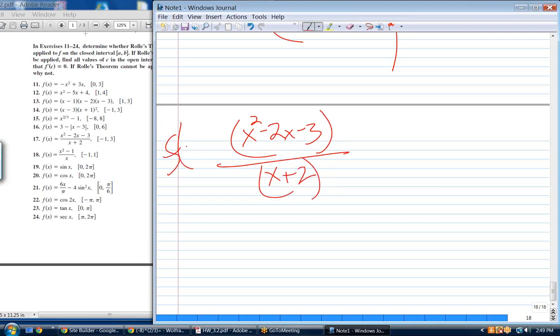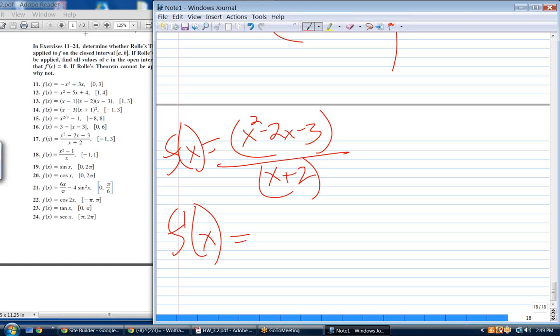So if that is f of x, what is f prime of x? Well, first, we have to use the quotient rule. What's the quotient rule? It'll be g prime of x, h of x minus g of x, h prime of x, all over h of x squared.